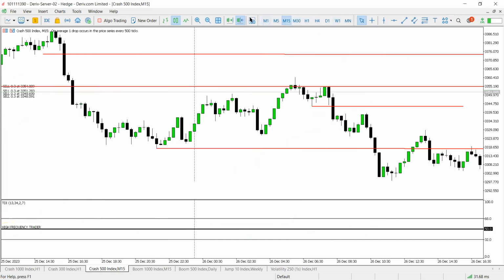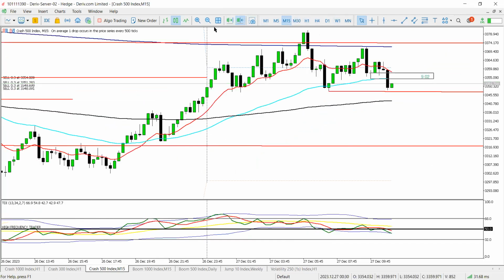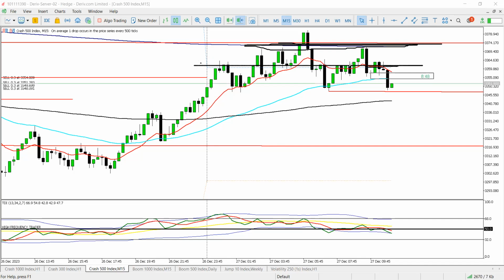Okay, that's M30, M15. On M15, what I'm liking about it is it's showing that we have rejected the 800 EMA, right? Which is a 4-hour zone. And it's showing that price is also playing around the previous day's highs. So we've got a zone where price sort of is trapped.